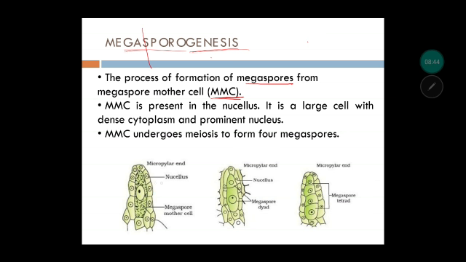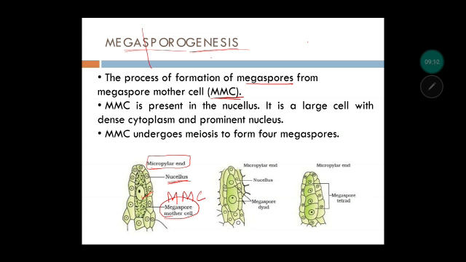Now this is the nucellus, the collection of cells which was there, remember, in the ovule. Here it is mentioned, this is the micropylar end, the opening. In the nucellus only one very large cell is present which is called the MMC or megaspore mother cell. Can you see? It has a very prominent nucleus and dense cytoplasm.